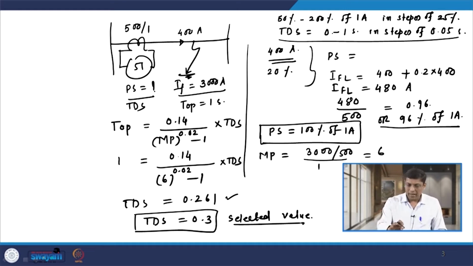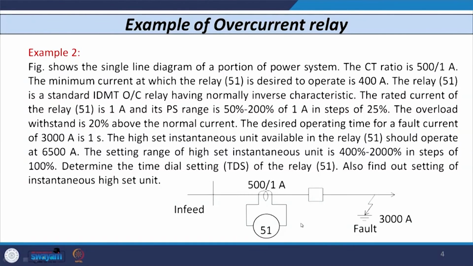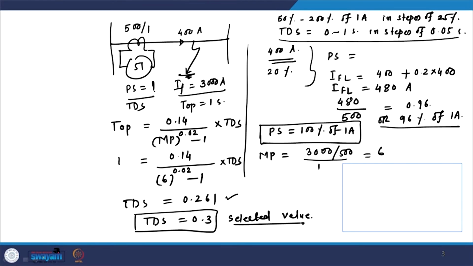Now, in the second part, they have mentioned the setting range of the instantaneous high set unit, and the high set instantaneous unit should operate at 6500 ampere. So, if I consider 6500 ampere, we have to find out the setting of the instantaneous high set unit.